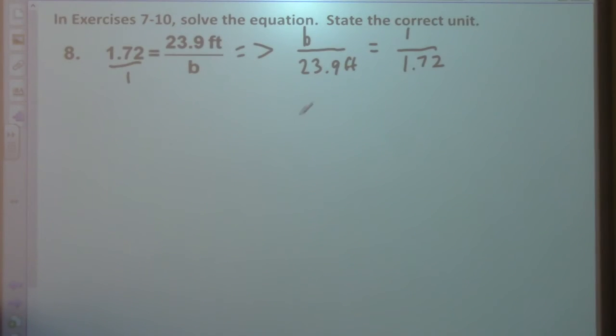So I'd write that as B over 23.9 feet is equal to 1 over 1.72. And then how would you solve this one now? Cross multiply. So I want you to take some minutes, help each other out, finish this up. Cross multiply and divide is how I do it. And you can do similarly with problem 10.